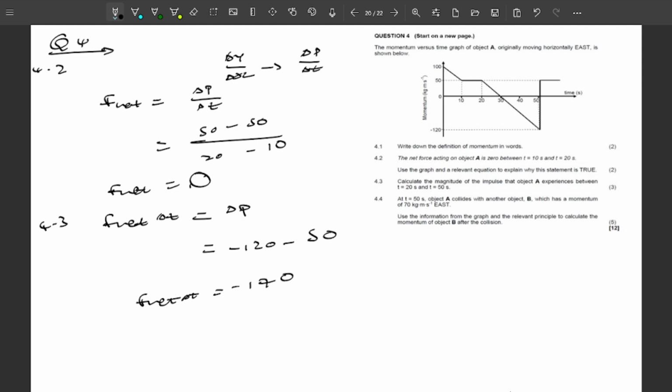Negative what? Negative 170 kilograms meter per second, or newtons per second, right? Yeah. Remember that impulse is defined by F net times change in t. You don't need to divide by the time, by the way. So yeah, please take that into note.